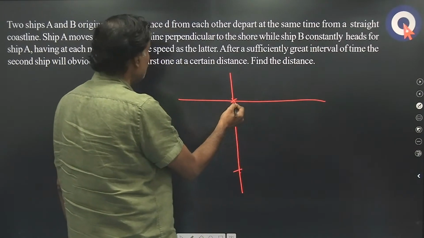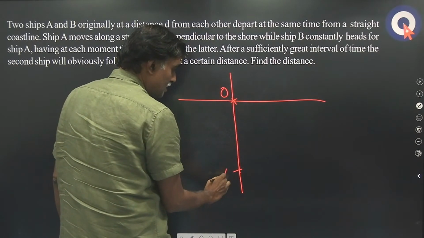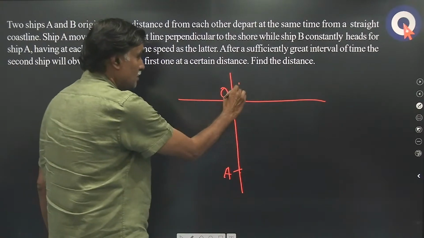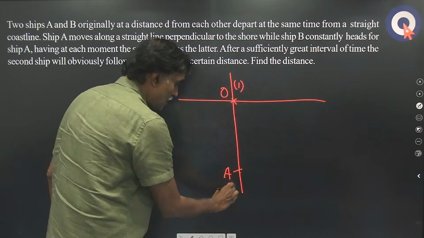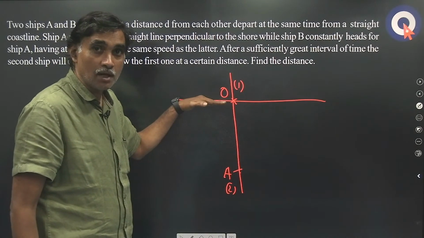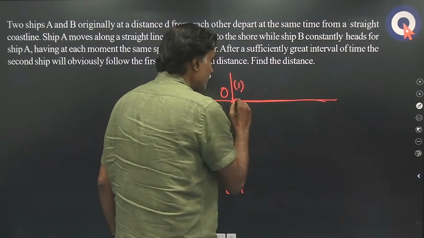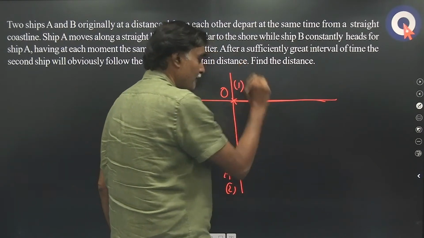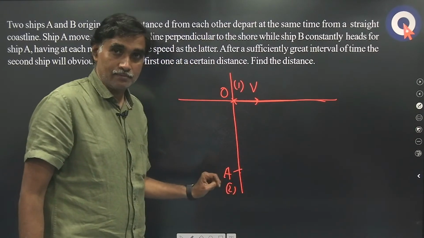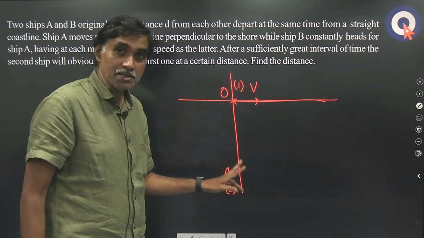Now the first ship is at the origin initially, and the second ship is at some point A. Both of them are moving with constant speed, but the first ship is going with constant velocity along the shore like this. Let us say the velocity of the first ship is V in this direction. The speed of the second ship is also V, but its velocity direction is not constant.